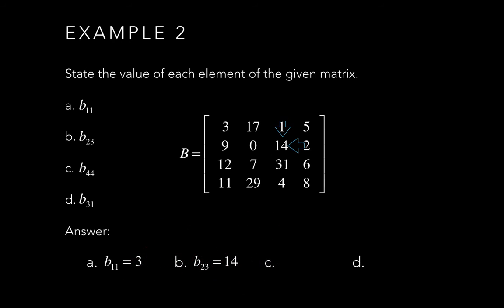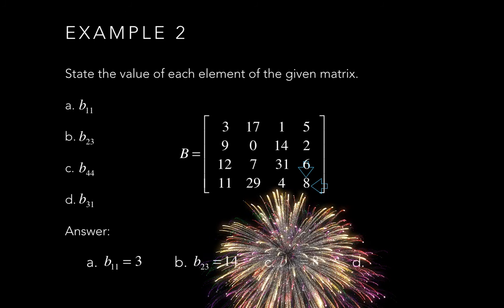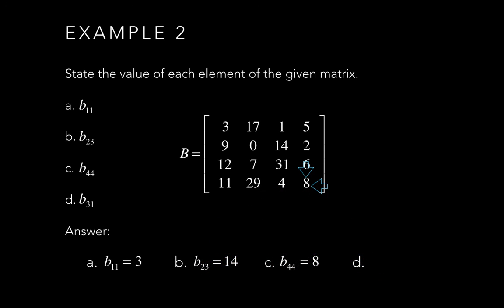So element B23 is 14. Also, let's look for B44. That means row 4, column 4, and the value there is 8. Lastly, we have B31.